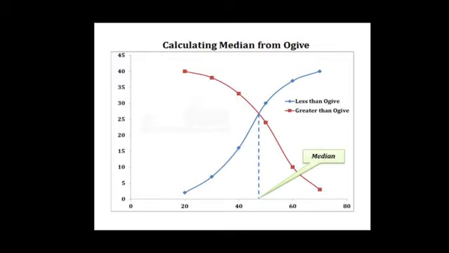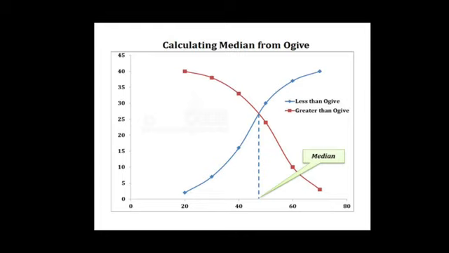My dear students, the cumulative frequency curves can also be used to calculate the median of given data. How? Let me explain to you. First, draw a less than ogive. Then draw a greater than ogive of the same data on the same graph paper as shown in this slide.